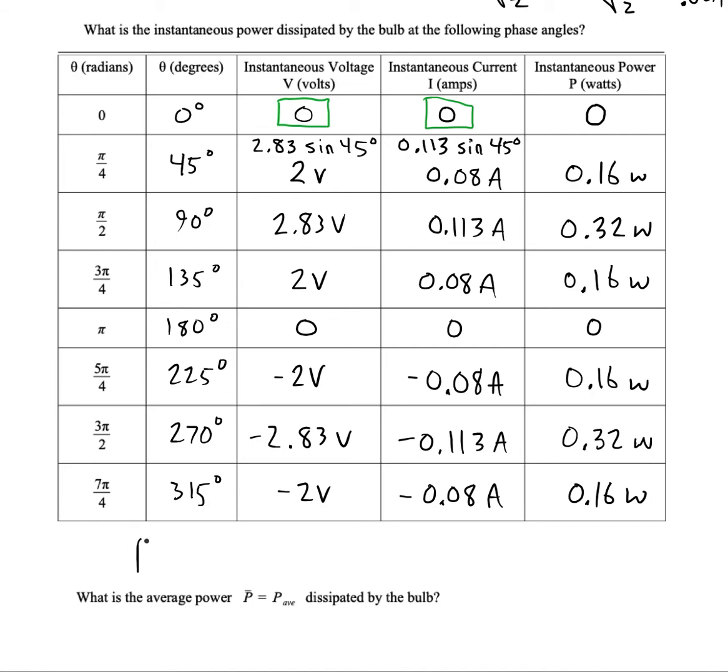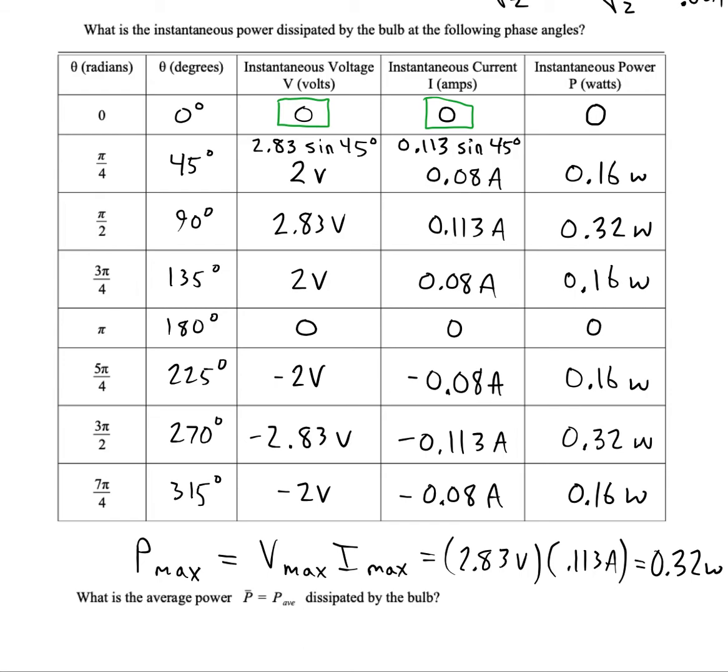So the maximum power that is dissipated here is found by multiplying V max times I max. Okay, so that'll be 2.83 volts times 0.113 amps, which is 0.32 watts.